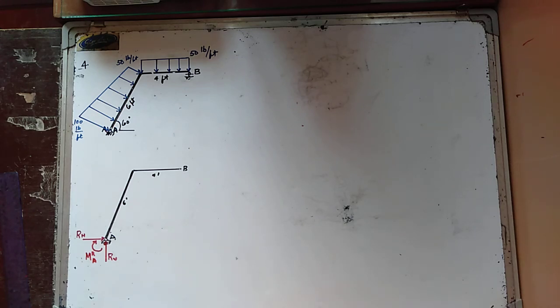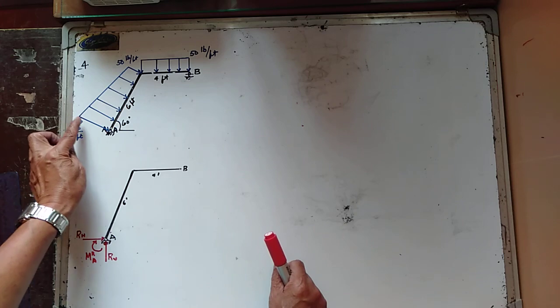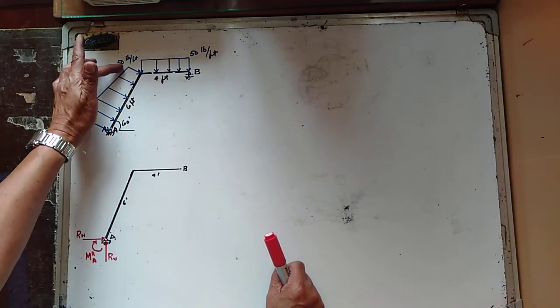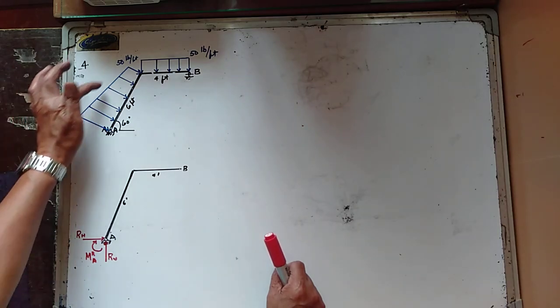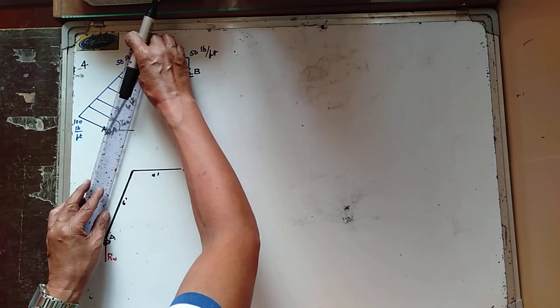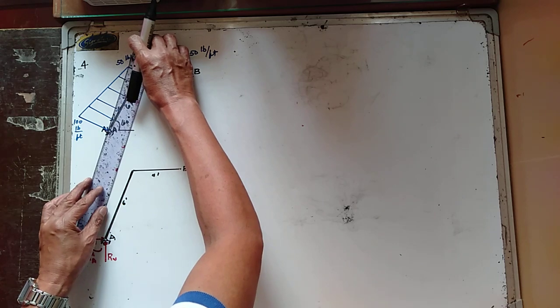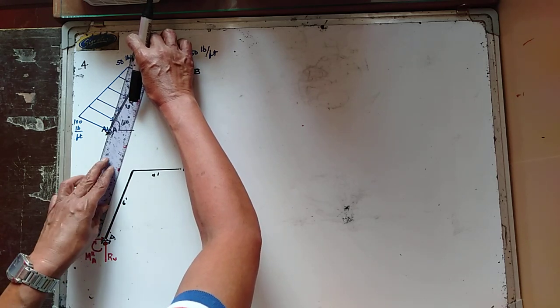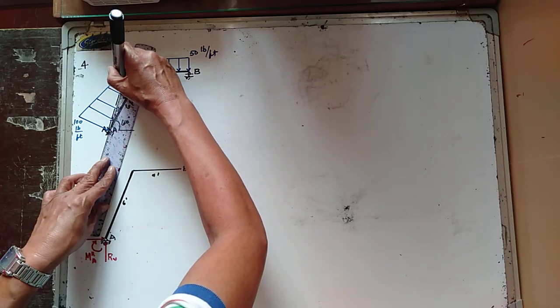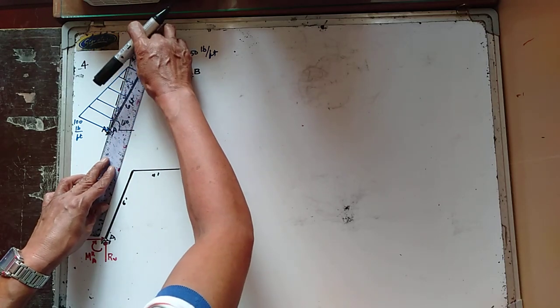So first, we have a distributed loading again, which is in trapezoidal shape. So I am going to divide this trapezoidal area into two triangular areas.